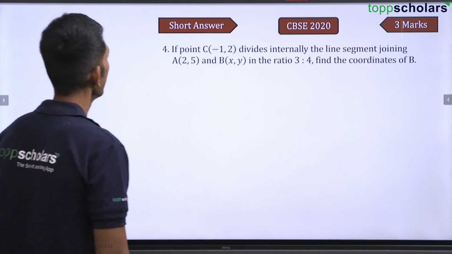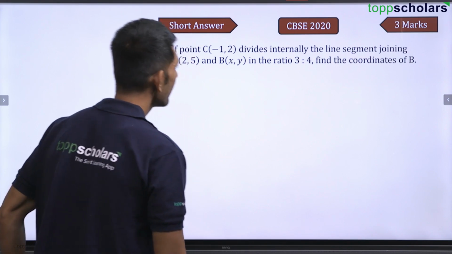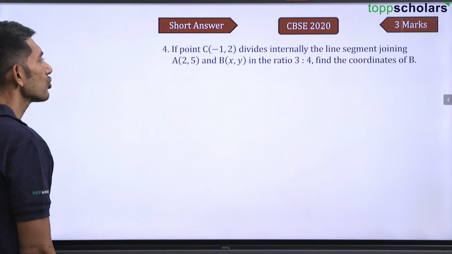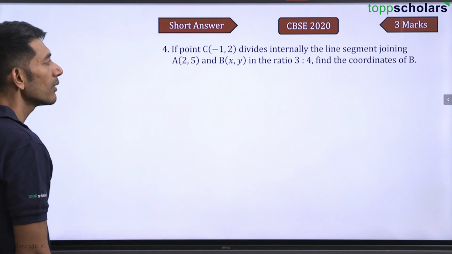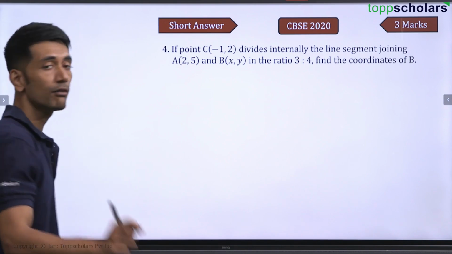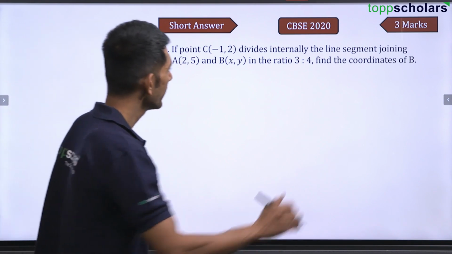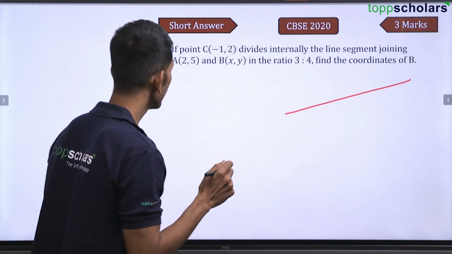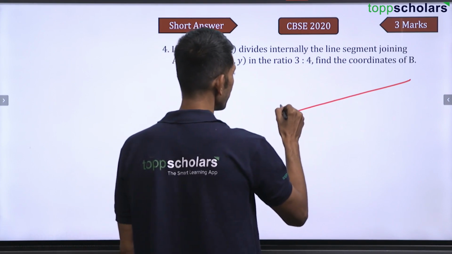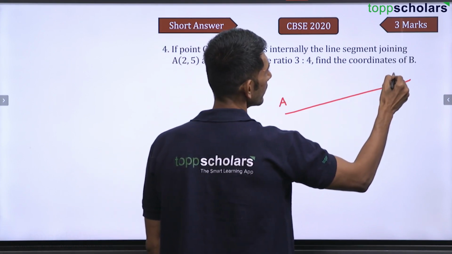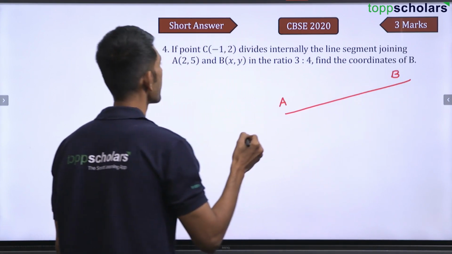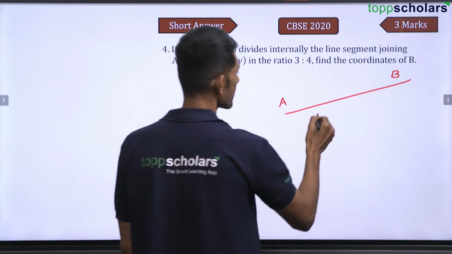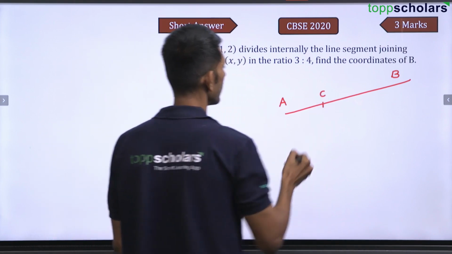It says, if point C divides internally the line segment joining 2, 5 and x, y in the ratio 3:4, find the coordinates of point B. Interesting question. So here, again, what all do we need? We need 3 points, point A, point B, and then there is point C, right?